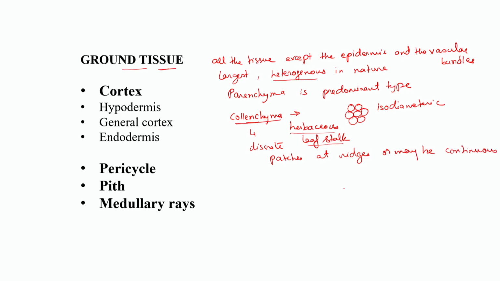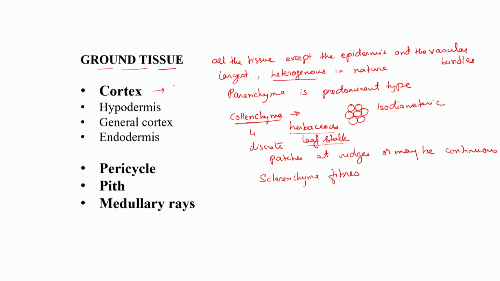Now, along with that, sclerenchyma will also be there. Sclerenchyma fibers will also be there in the ground tissue, and they will also be arranged in discrete patches or in continuous sheet. Now, when we talk about different parts of this ground tissue, generally it is divided into cortex.